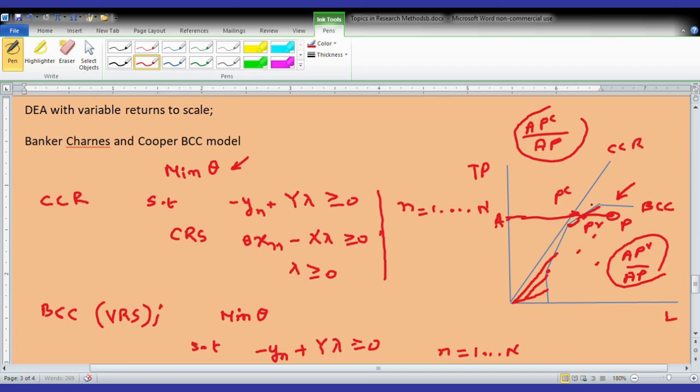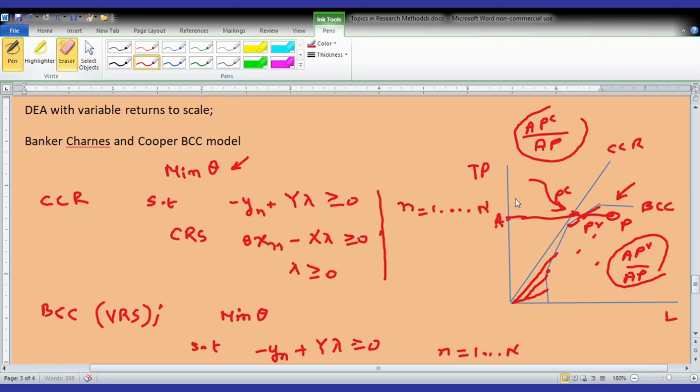So the BCC model allows for both increasing and decreasing returns to scale. This is one thing you need to keep in mind. The other thing you have to understand is that the BCC score of technical efficiency will either be equal to or greater than the CCR score of technical efficiency, and this graphical presentation makes it clear why this will be the case.